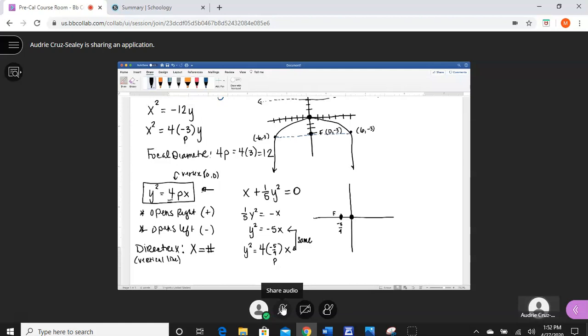That's why I'm pointing at that form very specifically. It's not always going to be. When we get to section 11.4, our vertex is going to be everywhere. So right now we're just learning the basics. We okay so far? So your focus is at -5/4, 0, right? So then where is your directrix?